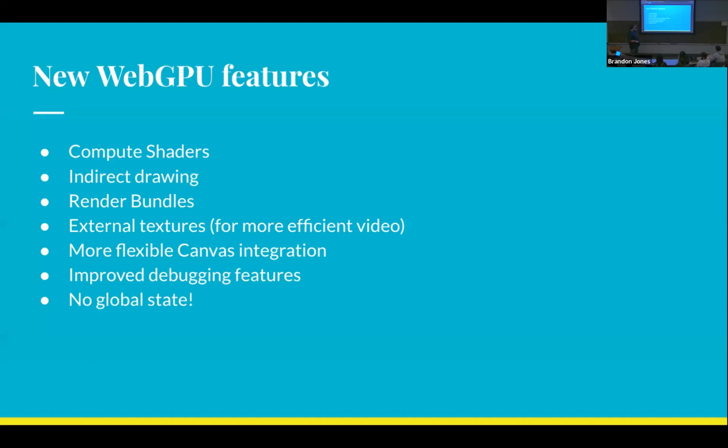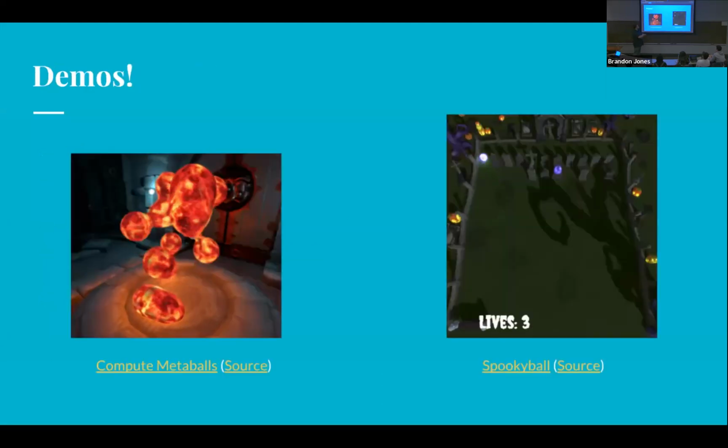And these are things that on the native side, we've been able to do for years. You go to SIGGRAPH and watch somebody talk about it, and they're like, look at all these cool tricks that you could do. And as a web developer, you go, yay, I'll get to do that in like a decade. But we're taking a significant step up from WebGL.